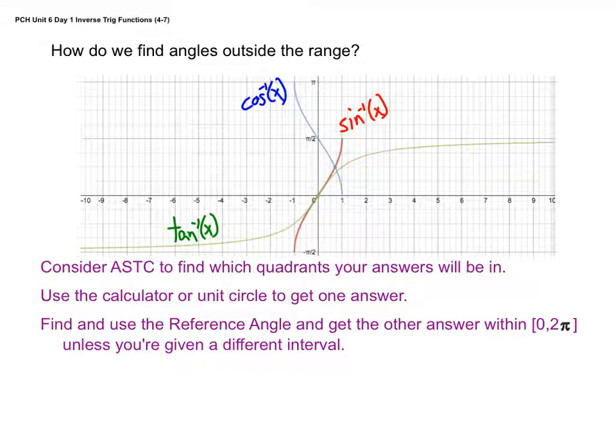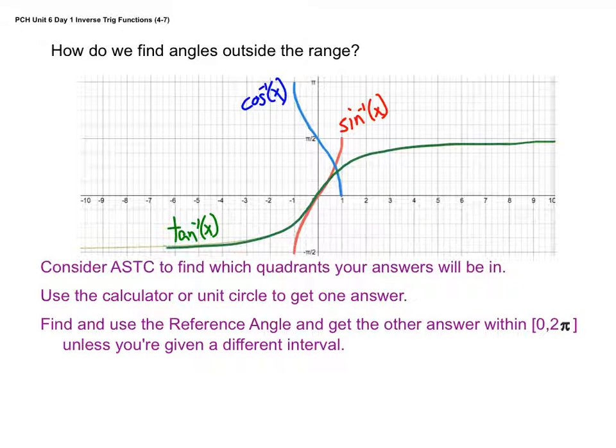Remember we had sine going from pi over 2 down to negative pi over 2. Cosine, we limited it so it just went from 0 to pi. And then tangent, we limited from negative pi over 2 to pi over 2.